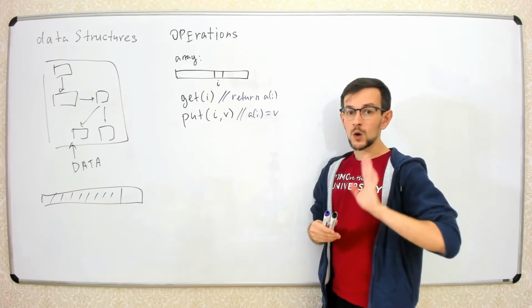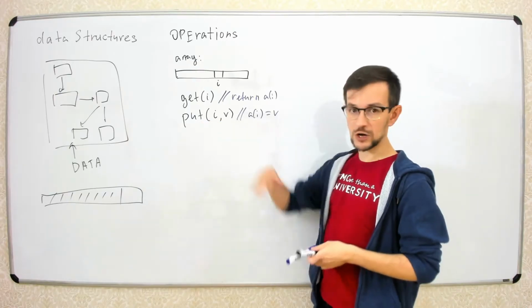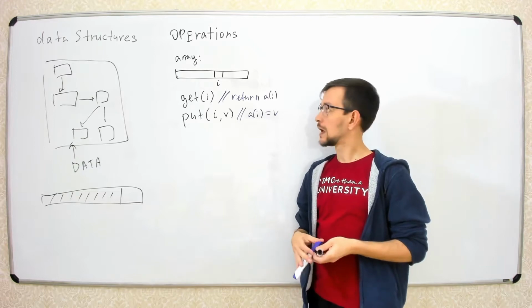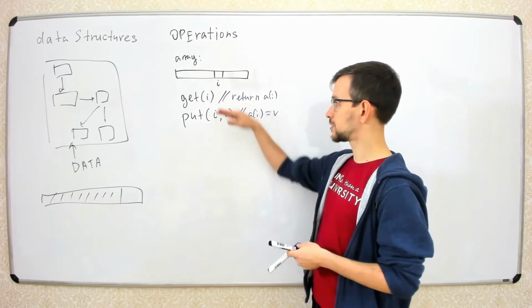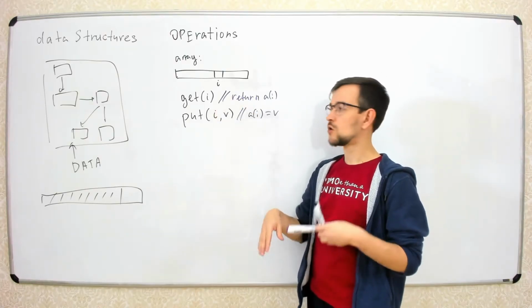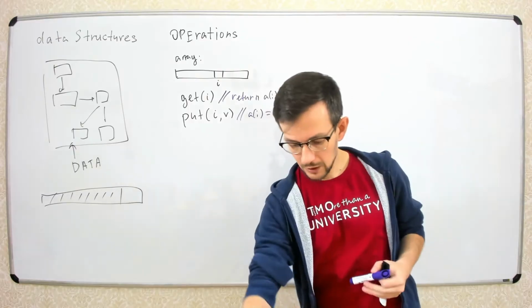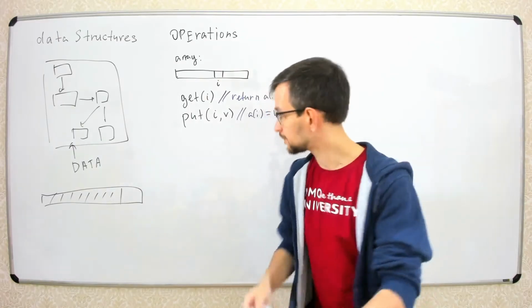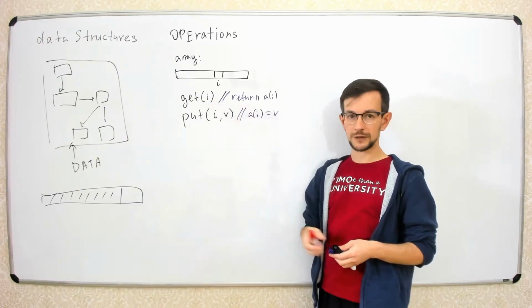Now, when you want to create a data structure, you specify the operations you need in your data structure. And when you analyze your data structure, you want to analyze the time complexity of each operation. So for each operation separately, we will calculate the time complexity. For example, in this case, we have two operations, get element and put element.